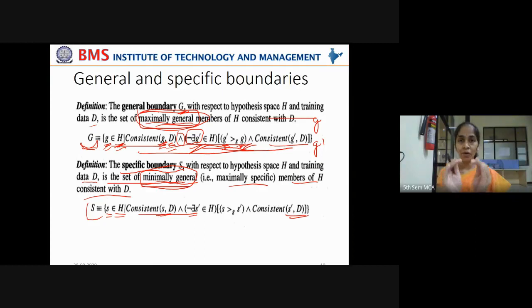Then only we can call this the final specific boundary set S. This specific boundary set S should contain all the specific hypotheses which are consistent with the training examples, and it should not contain any better specific hypotheses than those in this specific boundary S. Okay, that is what we mean. It should not contain anything better than what is existing. In that case, we say that it is maximally specific or maximally general.